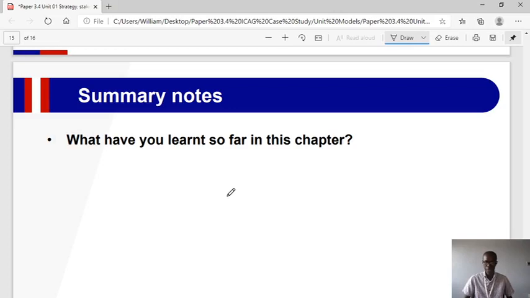What have you learned so far in this chapter? And see whether you can recall the things that we have learned. And then in due course, when we begin to put it together in practice and in questions, all will come together to make us well resourced for the strategic case study exam.